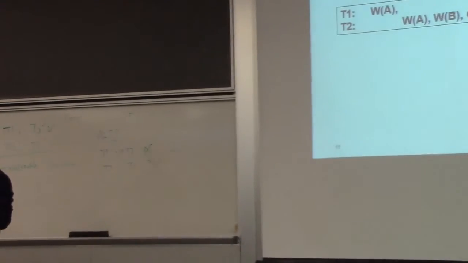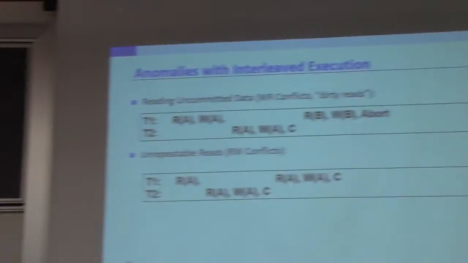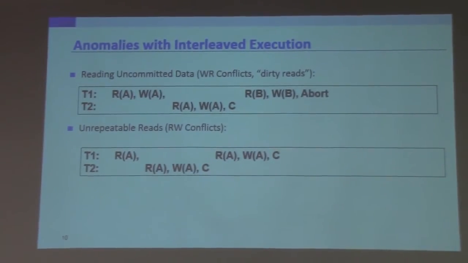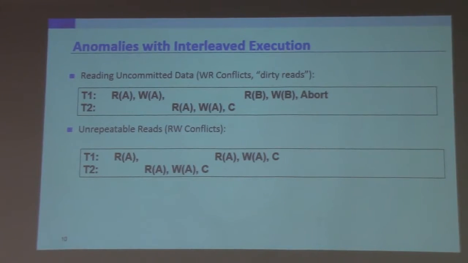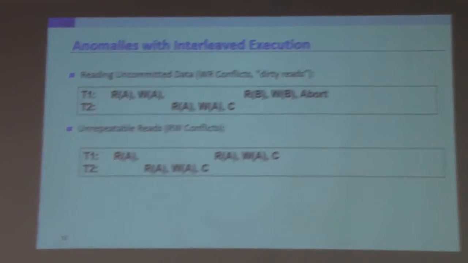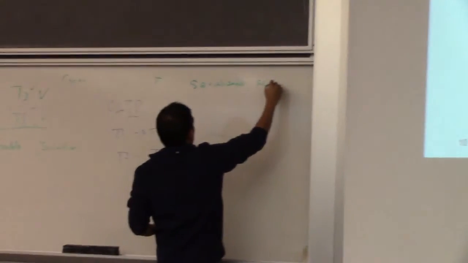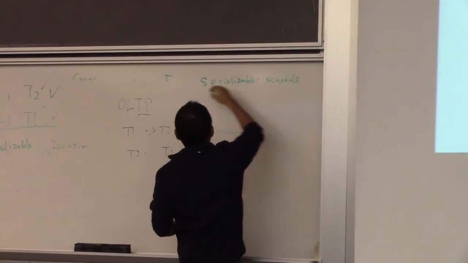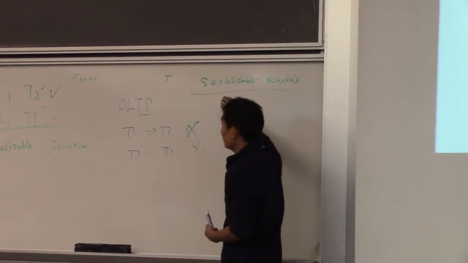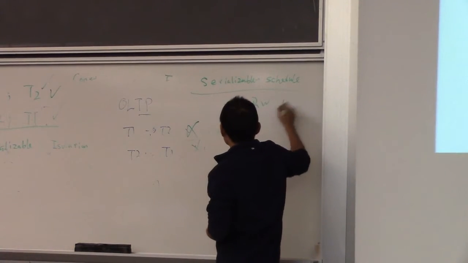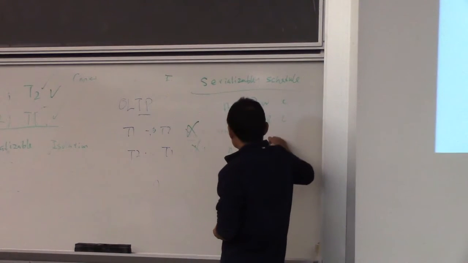Okay? So using these two simple slides, now we understand how to ensure serializable schedule, right? To get a serializable schedule, essentially what we want to have is no RW conflict, no WR conflict, and no WW conflict.